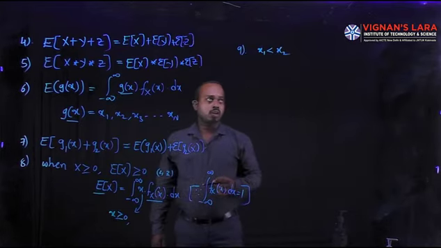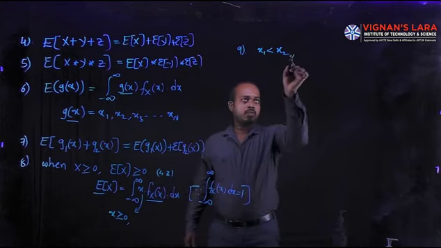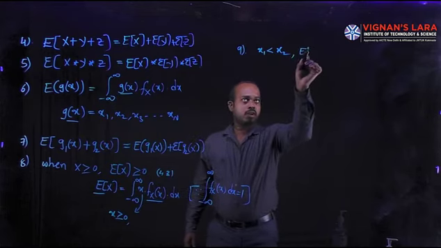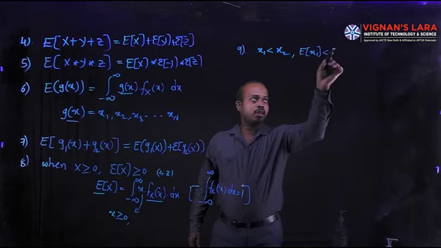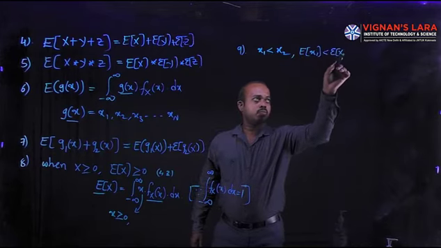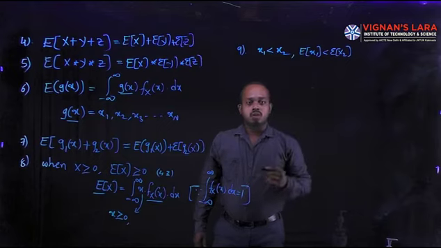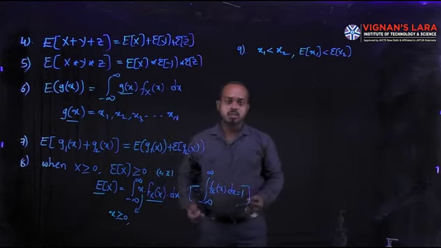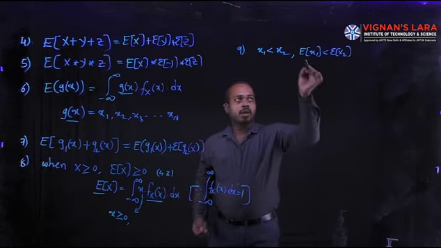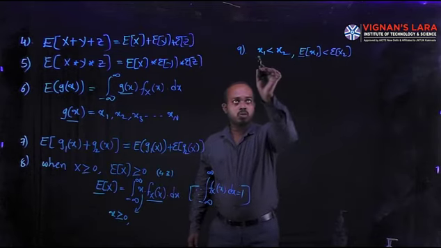For this, you can apply the expectation value. The relation you write is expectation of x1 less than expectation of x2. Whatever comparison you take between any two values, the same comparison holds when applying the expectation value on those elements.